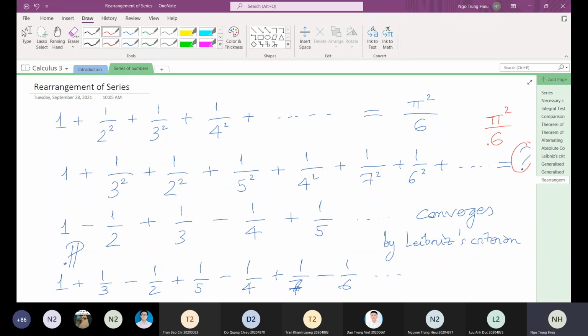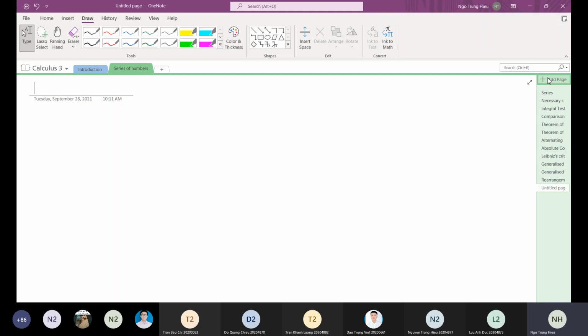All right, so let us make a note for applying a convergence test. Until now, we have many convergence tests.